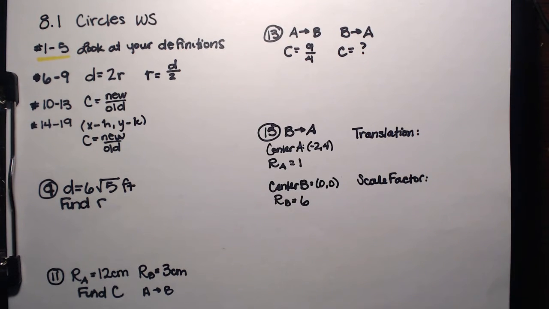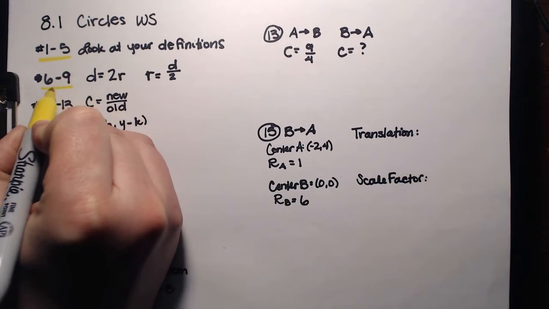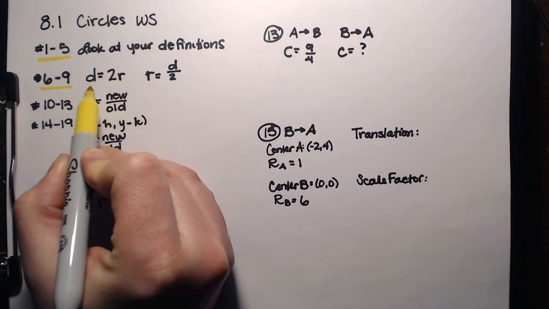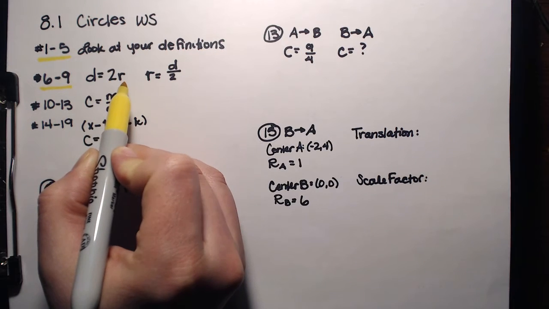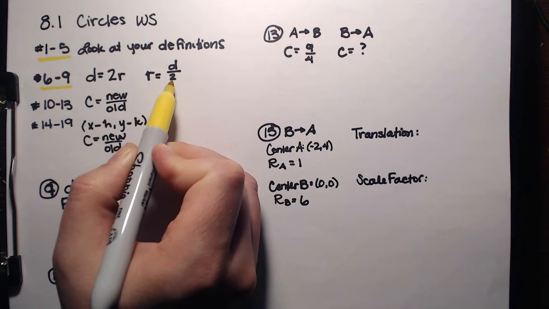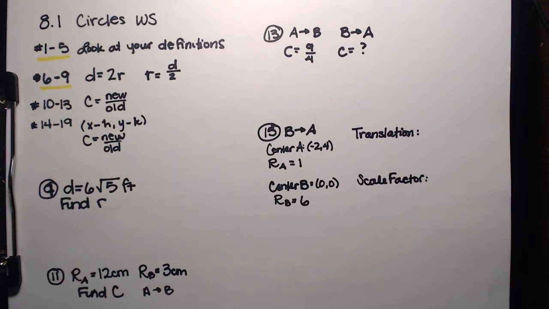On 6 through 9, we need to know that the diameter of a circle is 2 times the radius, and the radius is the diameter split in half. So I'm going to look at number 9 real fast.